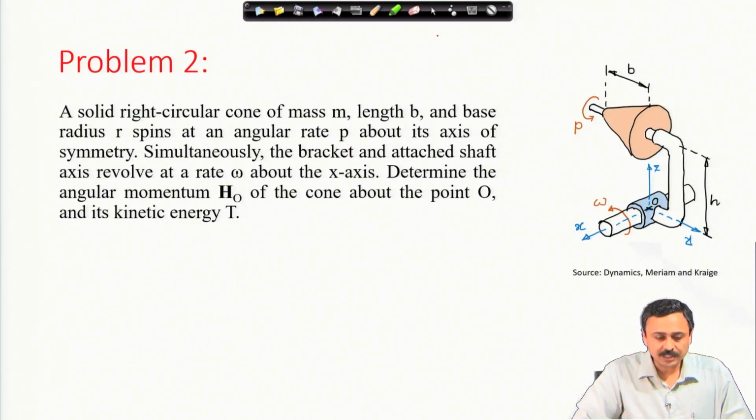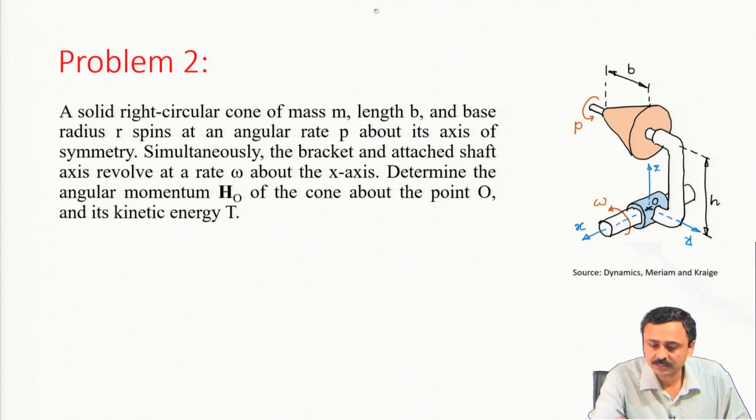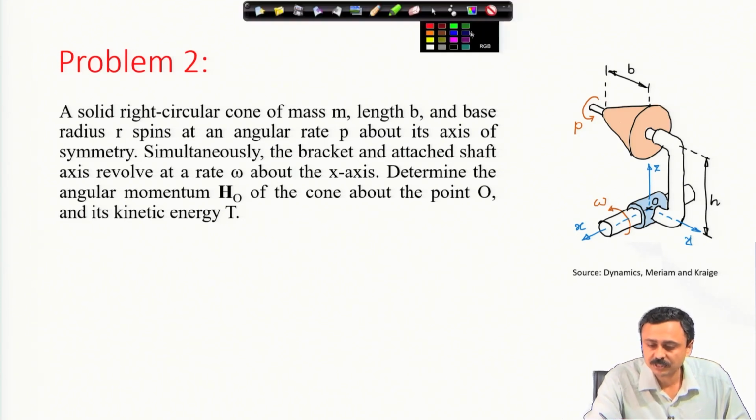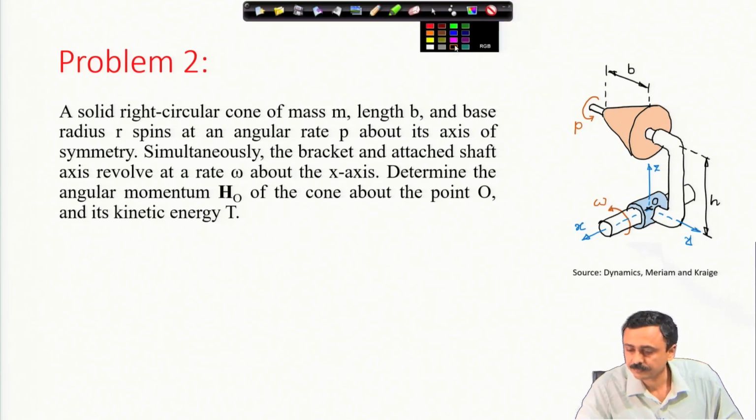Let us move to the next problem. A solid right circular cone of mass m, length b and base radius r. The base radius is this dimension.